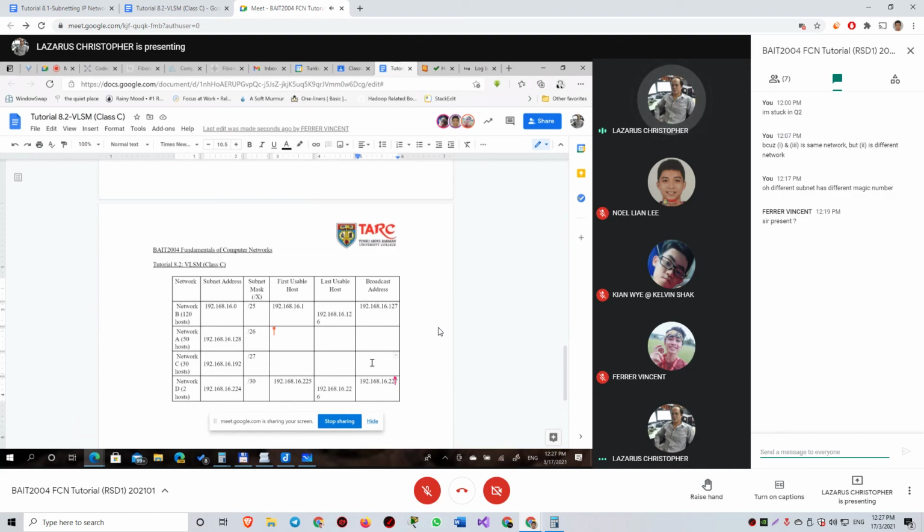Okay, so the network A first usable host will be the next address after the subnet address. The subnet address is 128. The next one is 192.168.16.129.